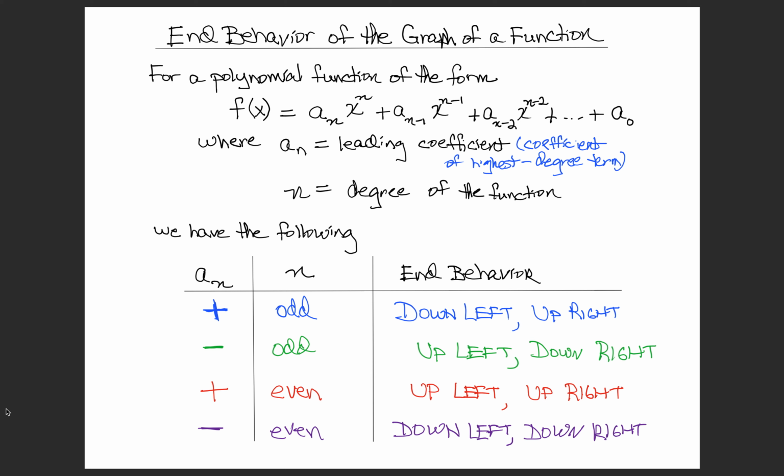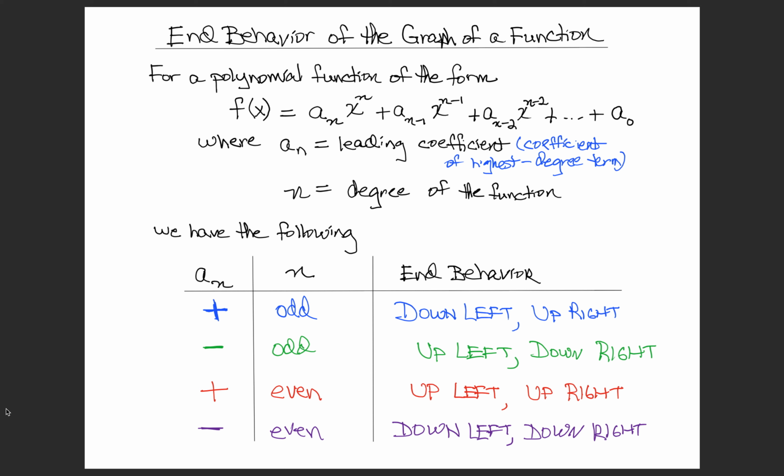In the first case, whenever a sub n is positive and n is an odd power, the end behavior is that at the far left the graph is falling, moving down to the left, and to the right it is moving upward. And whenever the leading coefficient is negative and the degree is odd, the end behavior is the polar opposite: moving up to the left and down to the right.